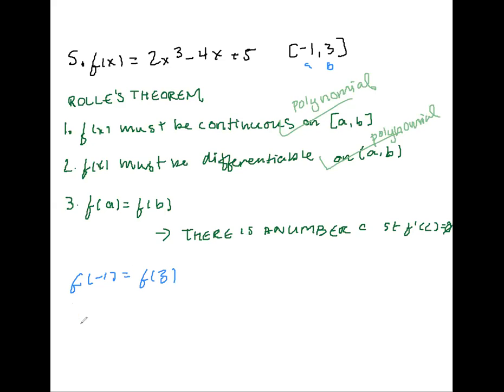That would mean 2 times -1 cubed minus 4 times -1 plus 5 is going to be equal to 2 times 3 cubed minus 4 times 3 plus 5. This is going to be 2 times -1, so that's -2 plus 4 plus 5.